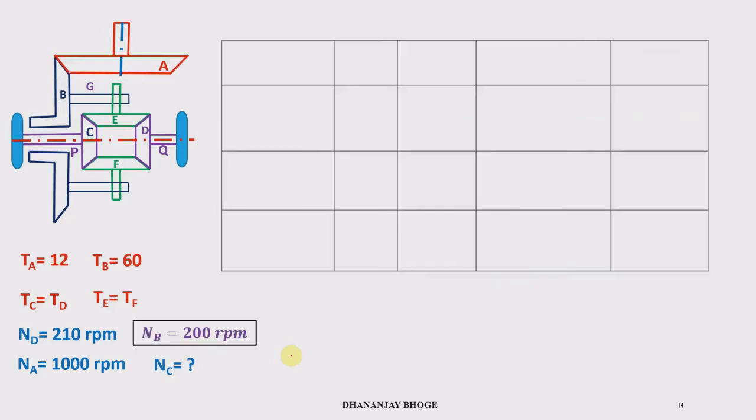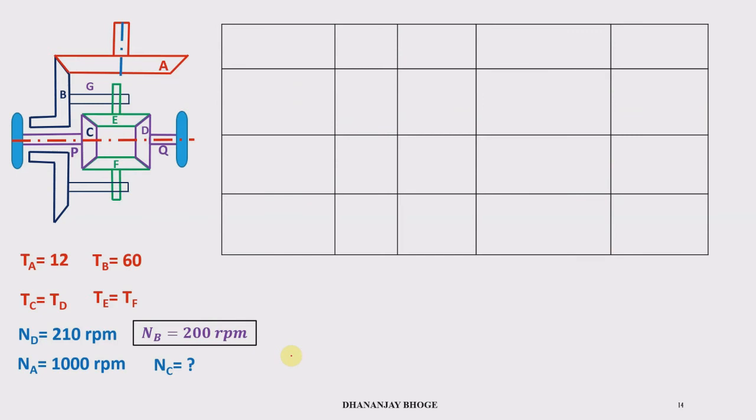Okay, so please draw the table with 5 columns and 4 rows. First column is for steps. Second column is always reserved for arm. In this case, arm is G.